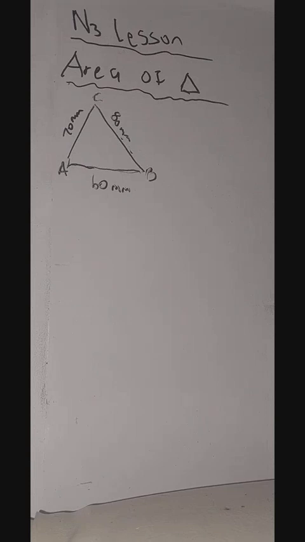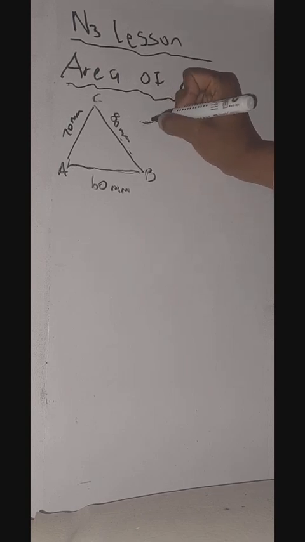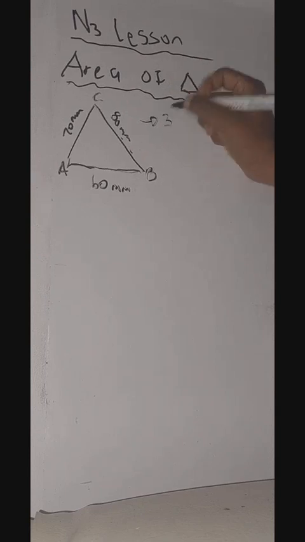Okay guys, here is the first question. Solve for the area of a triangle ABC if AB is 60 millimeters, AC is 70 millimeters, and CB is 80 millimeters. So we already know the condition that we were given is 3 sides.